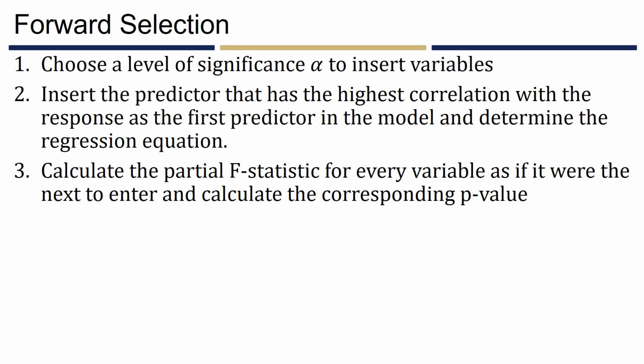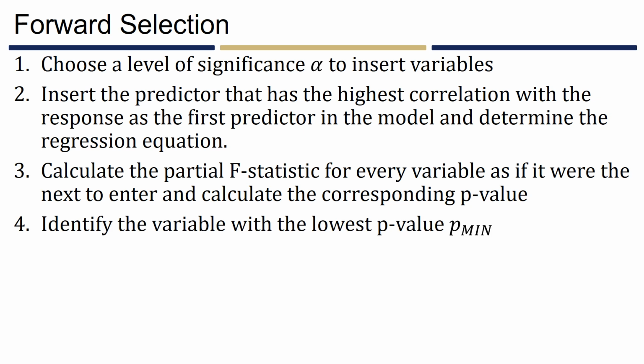What we can do next in the forward selection algorithm is calculate the partial F statistic for every single variable, acting as if it's going to be the next one to enter the model after the one that we put in step 2. And we're going to calculate the corresponding p-value for every single one of those contenders. Step 4 is to identify the variable that has the lowest p-value if it's going to enter the model next.